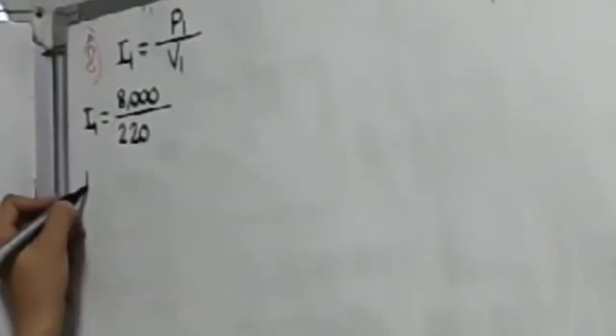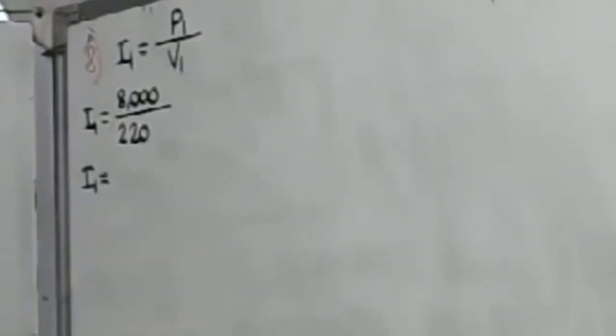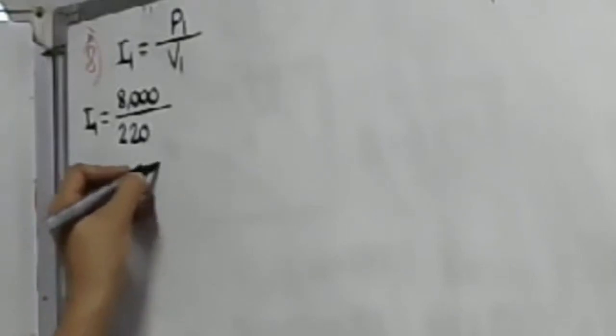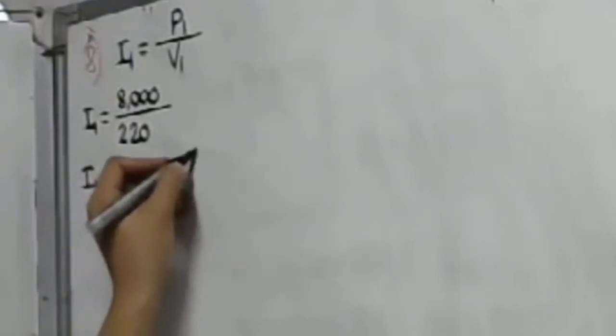So let us calculate this one. 8,000 divided by 220 equals 36.36 amperes.